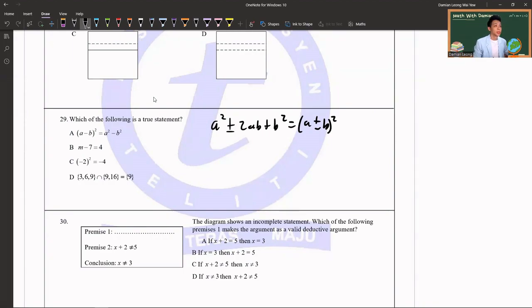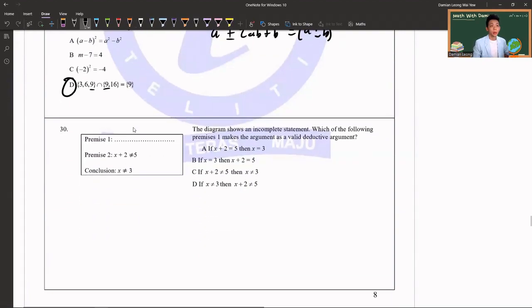This one, m minus 7 is 4, I cannot determine if it's true or false. This is not even a statement because it might be true, it might be false. Negative 2 squared equals negative 4 is wrong, it should be positive 4. And this one, 369 intersect 916 is 9 because that's the only common element. So answer D.